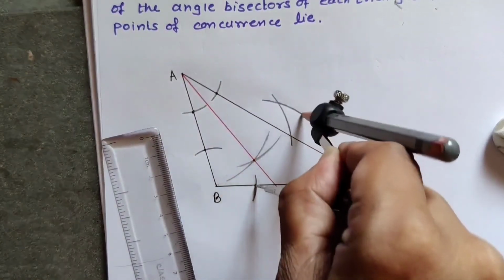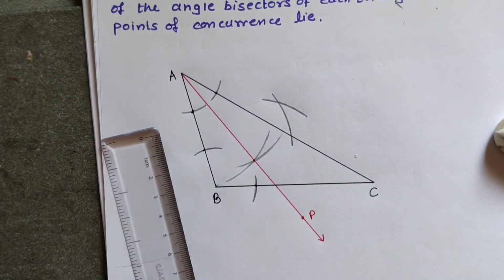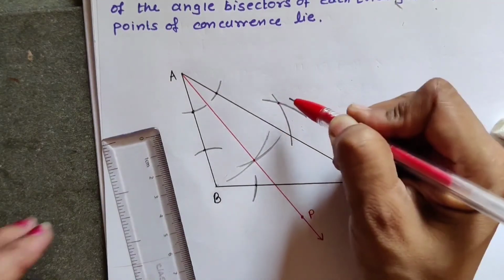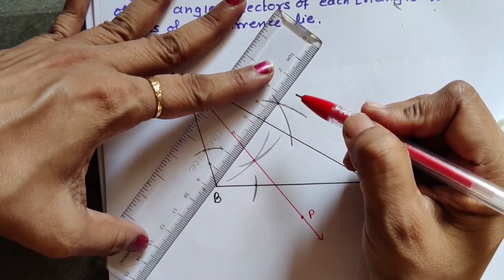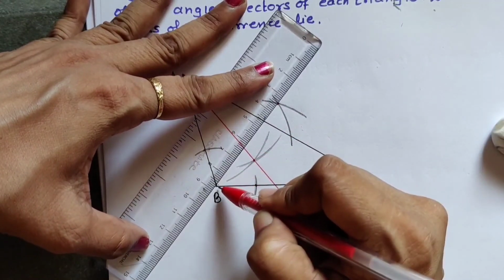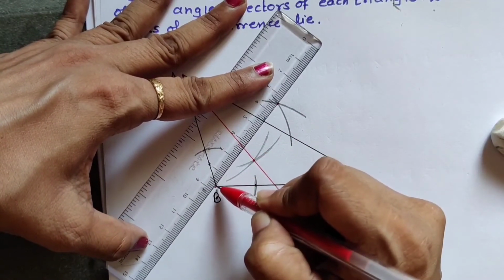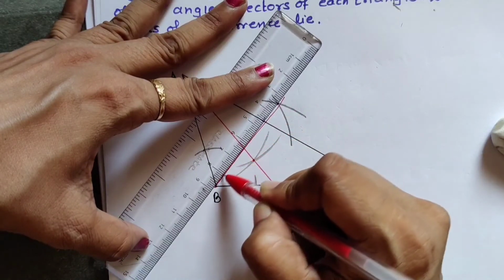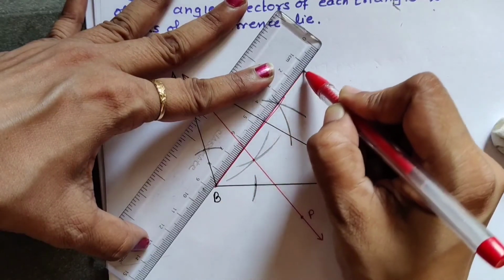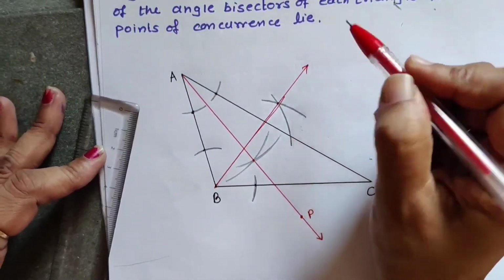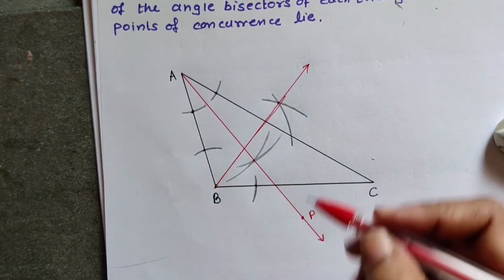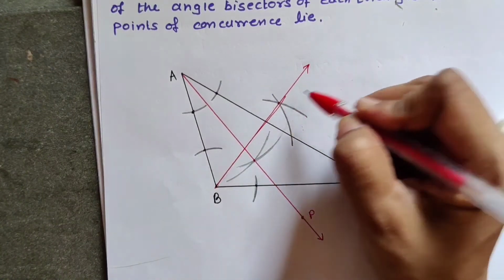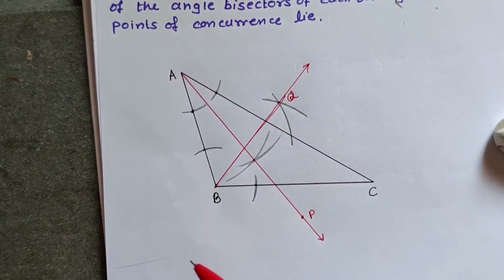Okay, so in this way I have got this point of intersection of these 2 arcs. I am going to join it with vertex B. Sorry, it is like this. Your pencil should not be shaky. So here I can give the name BQ. This BQ is the second angle bisector, the bisector of angle B.